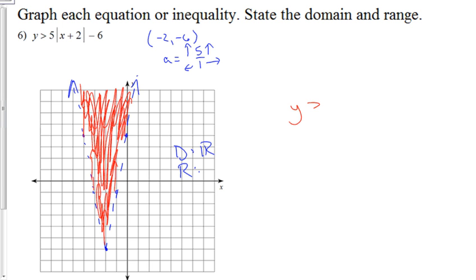But for our range, notice the shading goes up forever, but it does stop at the vertex. So y has to be greater than the -6 value. That's down here. Now, that -6 value is not equal to it because it's a dashed line. If it was a solid line, it would be greater than or equal to -6. But this is a dashed line, so it's just greater than -6.